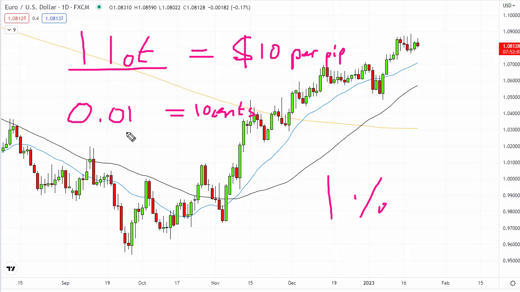The nice thing with trading FX is that you can position size correctly, so that you're not taking on too big a risk. So you can get an idea of how you can make money in the currency markets, because you're trading with a bit of leverage, but you can still manage your risk.